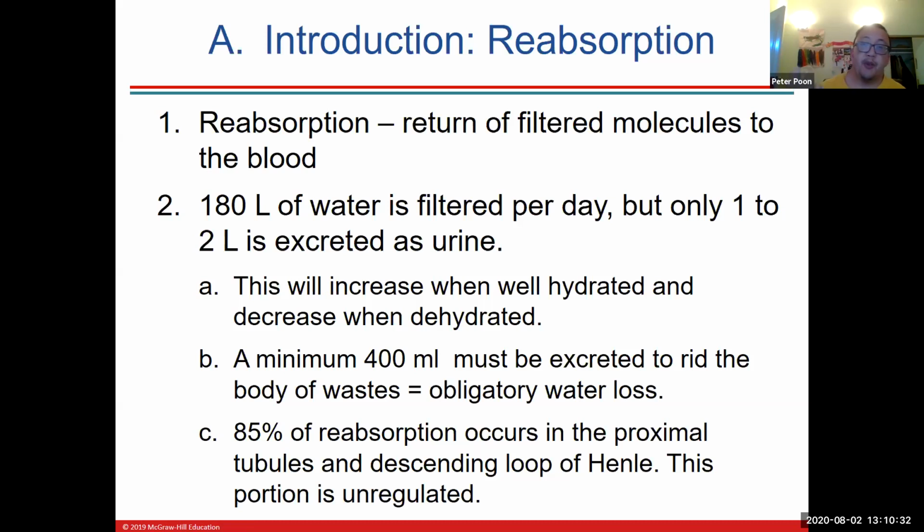If we want to reabsorb more water, we can do so in the distal convoluted tubule and the collecting duct. If we want to get rid of more water, we can just let that go. But we have to energetically pump back more water if we want to conserve water.